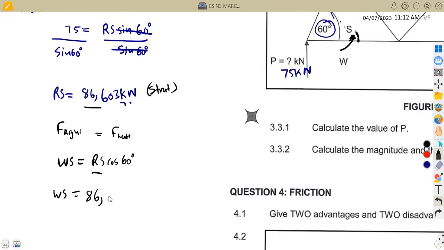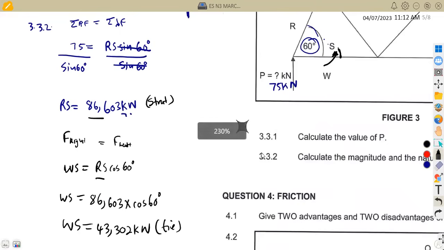That's 86,603 times the cos of 60 degrees. So our WS in this case is going to give us 43.301 and so on. So if we round off to 3 decimal places, that's 43.302 kilonewton, which is a tie in this case. All right, so that was our WS.